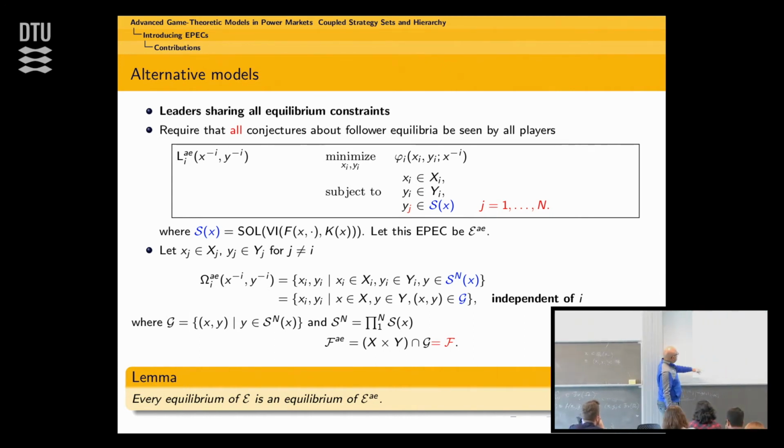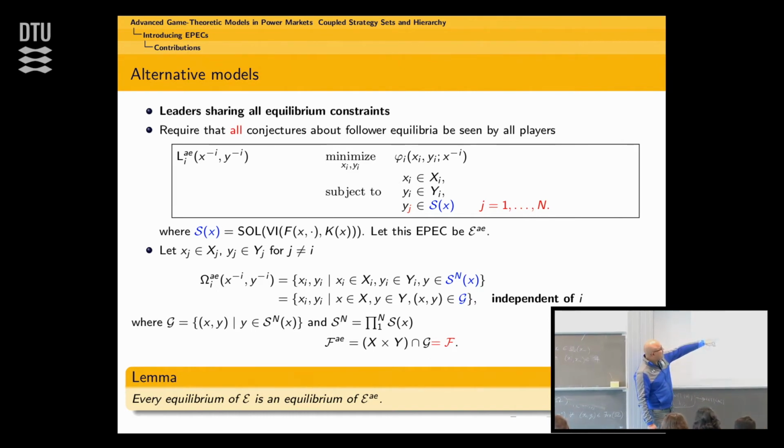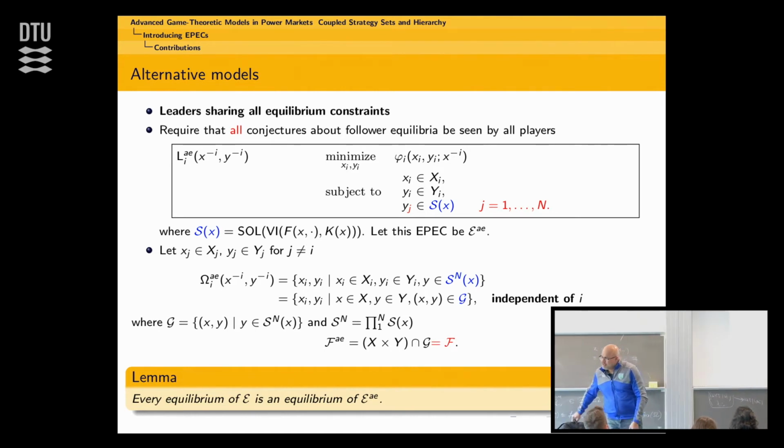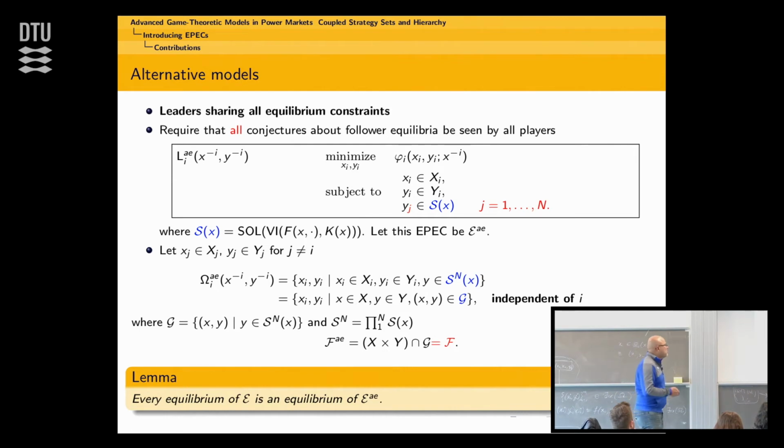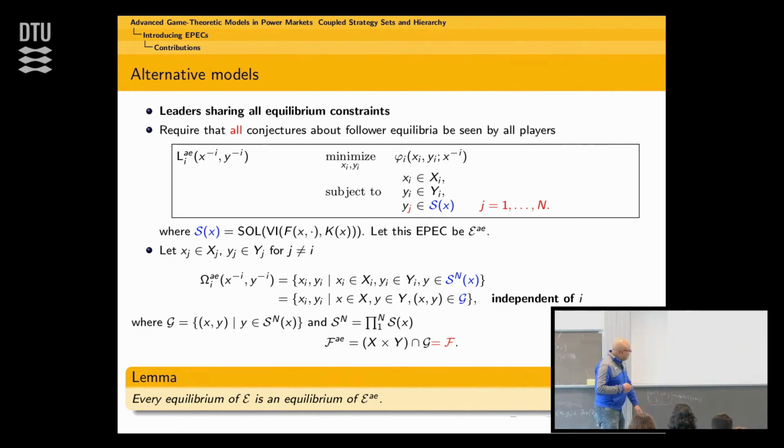So now you have this E script A, which represents this constrained epoch. It's got extra constraints. Now how do you relate equilibria of the original problem to this problem? Well, we can go in one direction. If I have equilibria of the original epoch, they're equilibria of the new epoch.